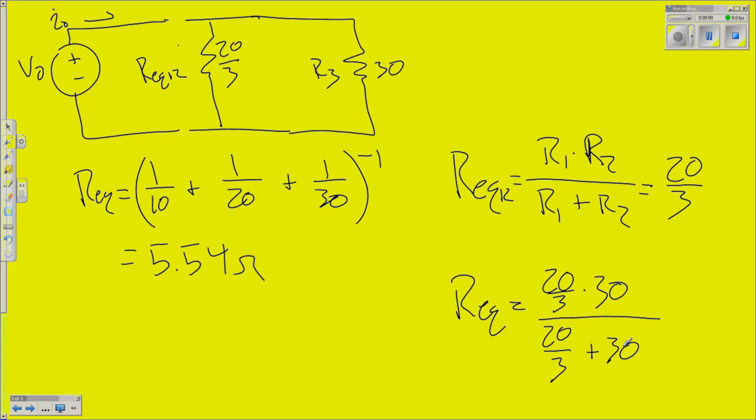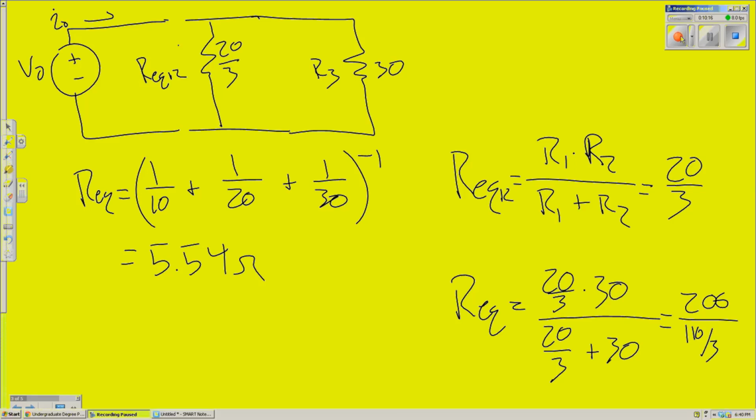And here on the top, we've got 200, and on the bottom, let's see, 90. Looks like 200 over 110 over 3.